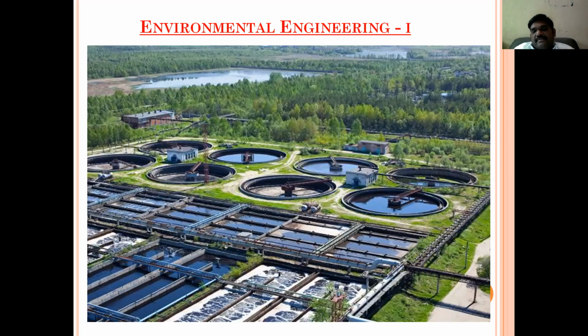We are in the 4th unit. We already discussed different technologies for water treatment. And also we have seen the different considerations for design of sedimentation tanks, where we have seen the design of inlet zone, settling zone, sludge zone, and outlet zone.